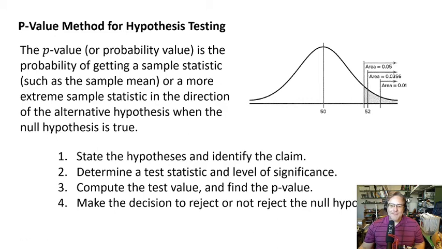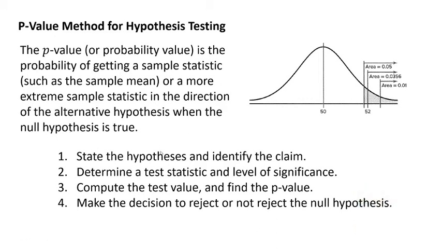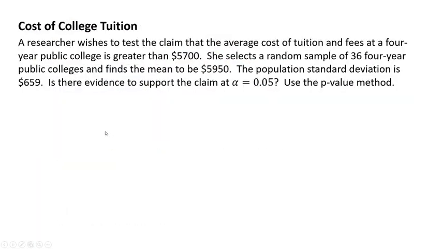And then we make the decision to reject or not reject the null hypothesis based on the size of this p-value. And then lastly, we summarize the results. So as you can see, it's almost precisely the same as before. It's just a slight little tweak, but this is actually pretty common in our method of hypothesis testing, so it's good to know this.